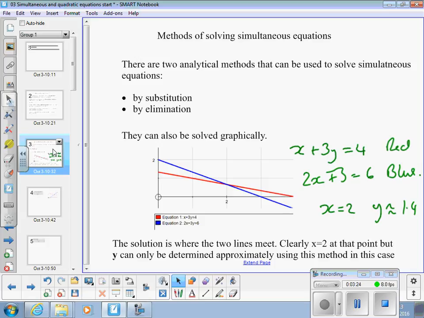So if they cross nicely on an intersection point of the two axes, then yeah. But if they don't, then that's more of an estimation than anything, unless you can zoom right in with the graphing software. But it is one way of sketching it and estimating a rough area where your result is, so that when you've done the analytical method, you know your answer is in the right kind of area, if it matches that.